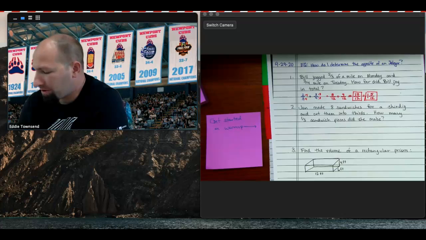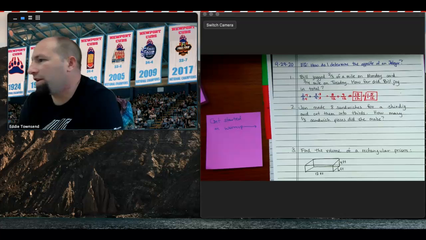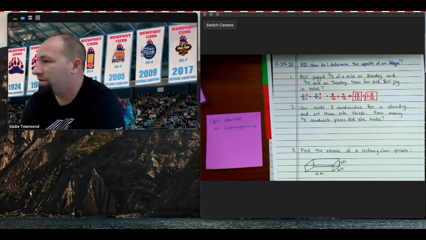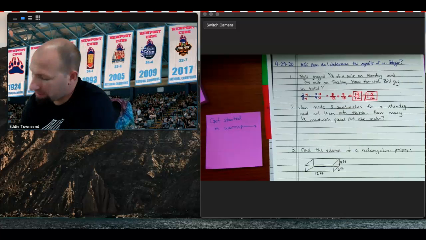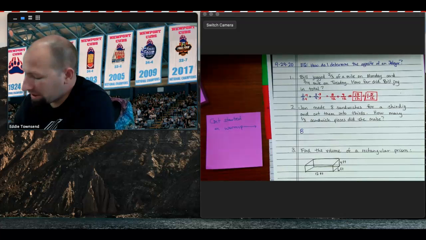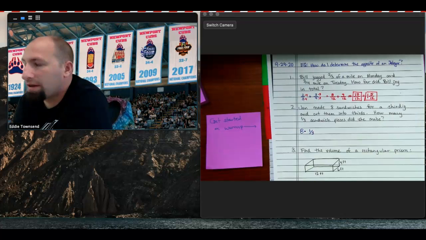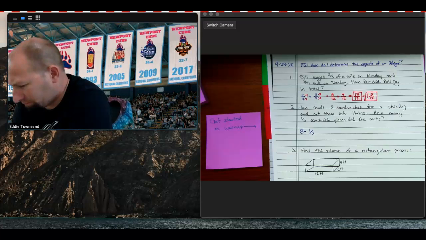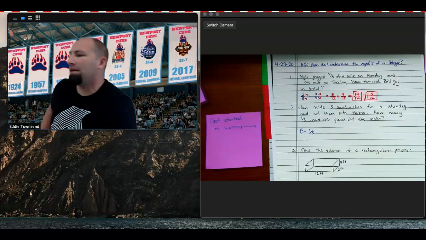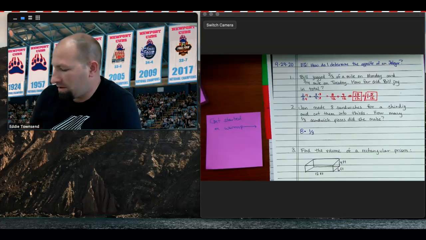Okay. Number 2, Jan made 8 sandwiches for a shindig and cut them into thirds. How many 1/3 sandwich pieces did she make? So she made 8 sandwiches and she cut them all into thirds. So we can just figure out how many she made.